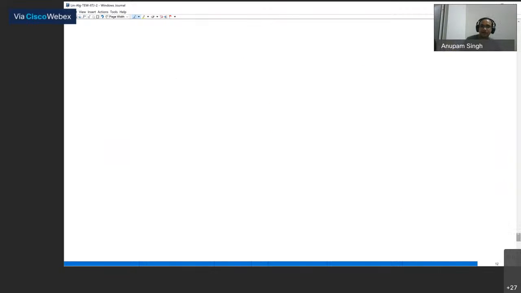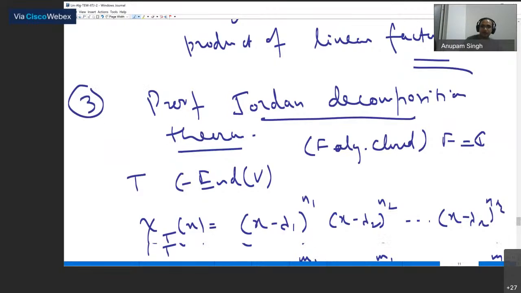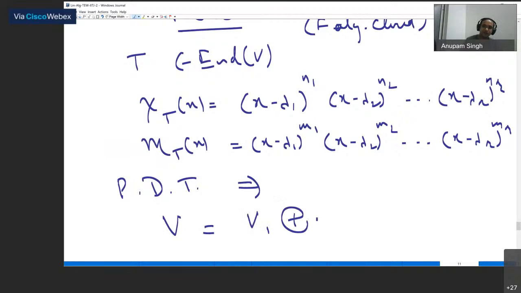So then I can apply the primary decomposition theorem. The primary decomposition theorem implies I can write V as a direct sum of V1, V2, and so on, Vr.